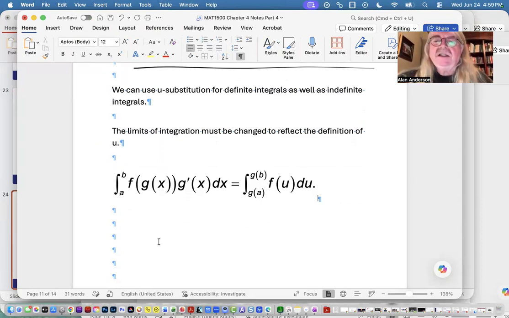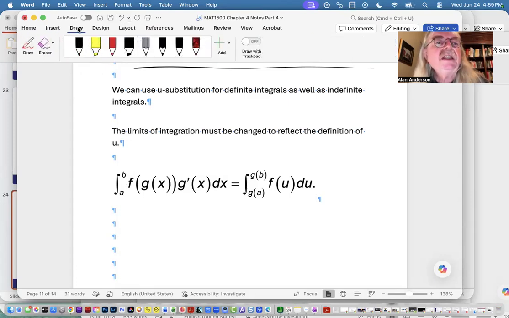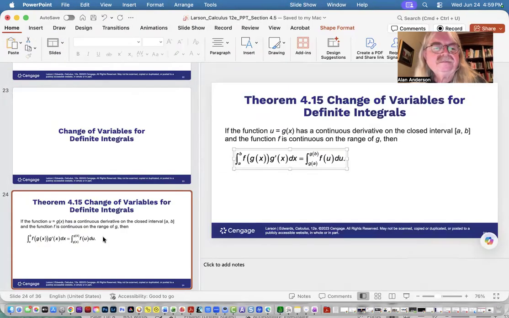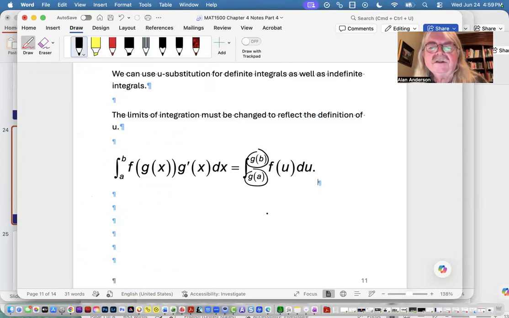What they're saying is if you're going to integrate u instead of f of g of x, you can't just leave the lower and the upper limit of integration the same because they refer to x and we're dealing with u. So what you have to do is change the limits of integration as such. All right. So let's try one of these. In other words, you have to change those limits of integration. Otherwise, you'll get the wrong answer.